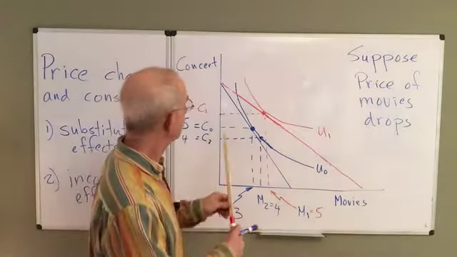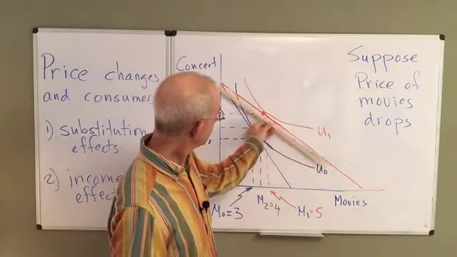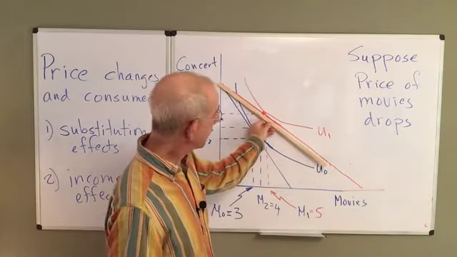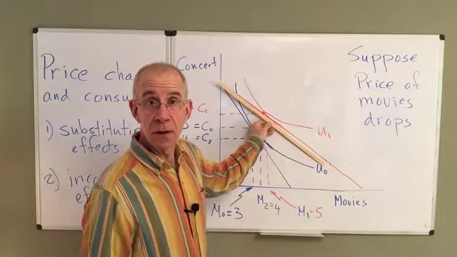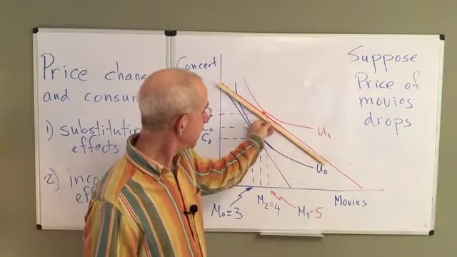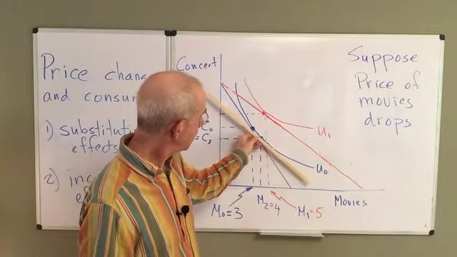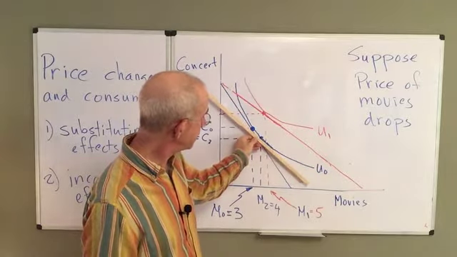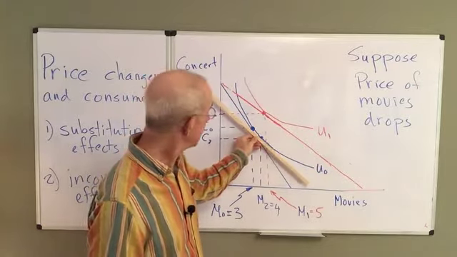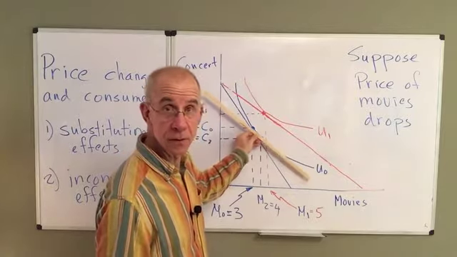So once again, we've got this new budget constraint. We're going to keep those relative prices the same, and then we're going to pull it back until this new notional budget constraint is tangent to the initial indifference curve.